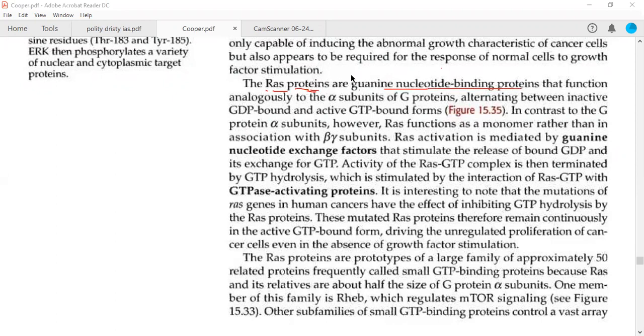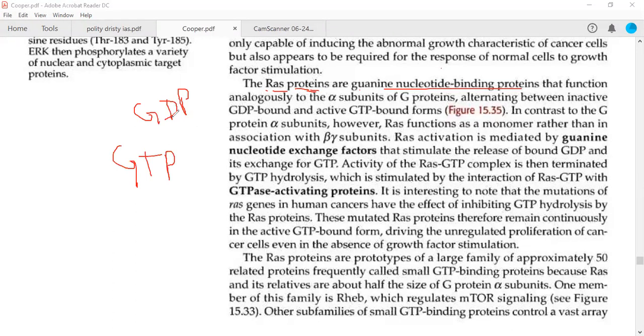It will bind either GTP or GDP. When it is bound with GDP, this is the inactive form, and when it is bound with GTP, this is the active form.